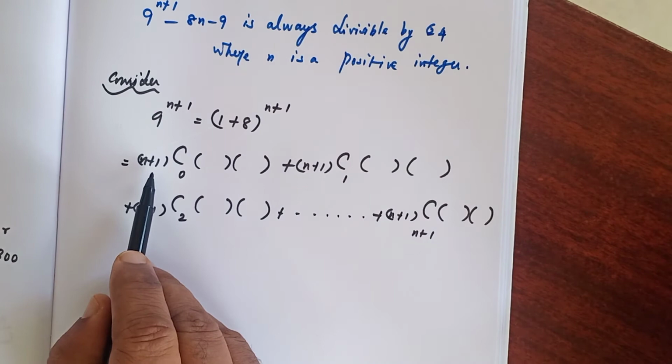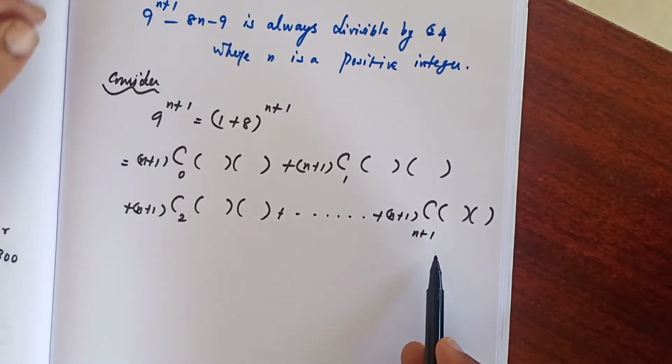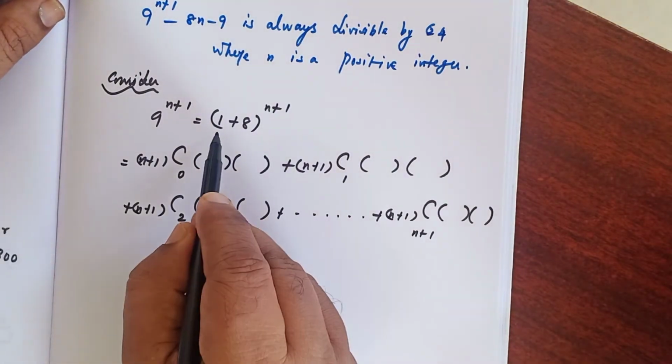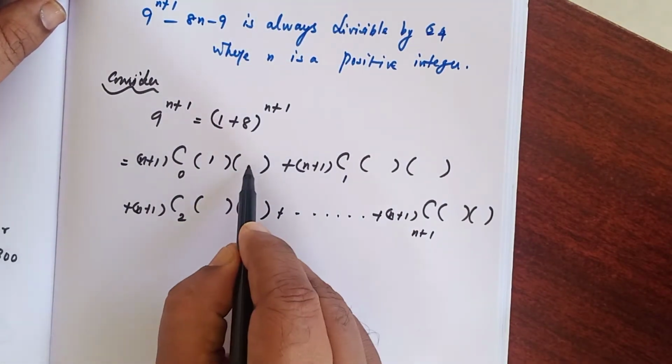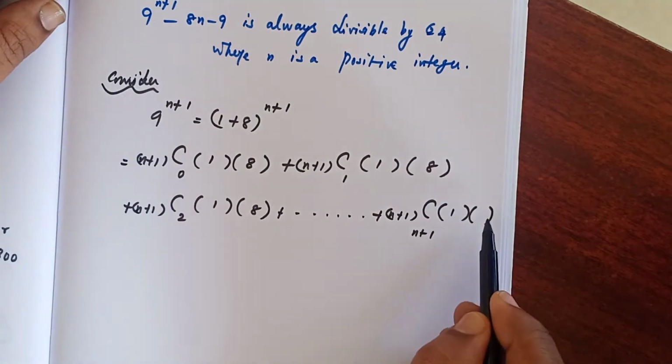Starts with n plus 1 c0 and ends with n plus 1 c n plus 1. Here we have a and b, 1 and 8, right? 1 and 8, 1 and 8. Here also 1 and 8.